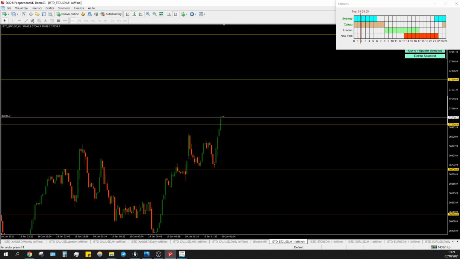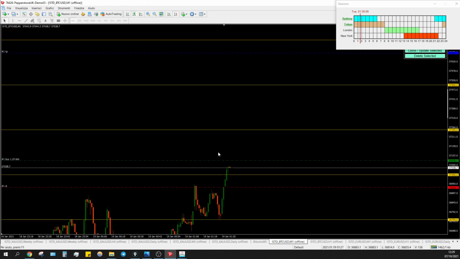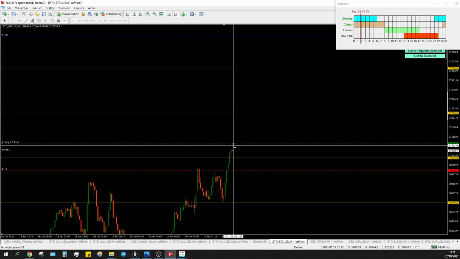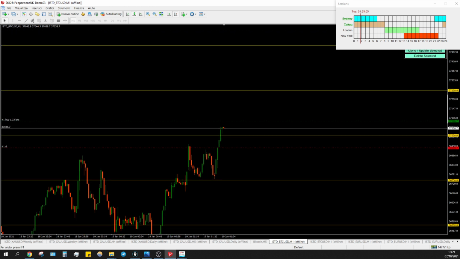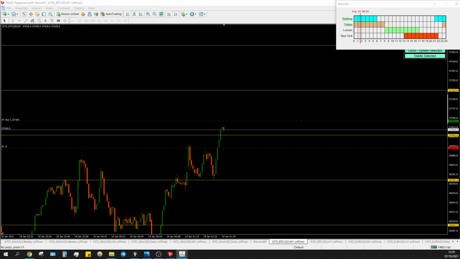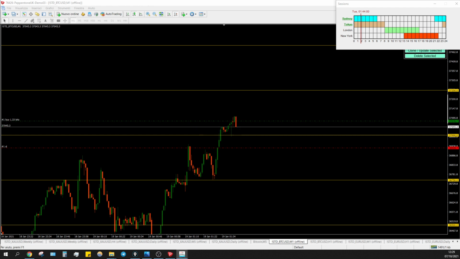So this might be a good opportunity, 15 pips, and this is the stop. From here, 30 pips will be our first TP. This is a much nicer candle entry.